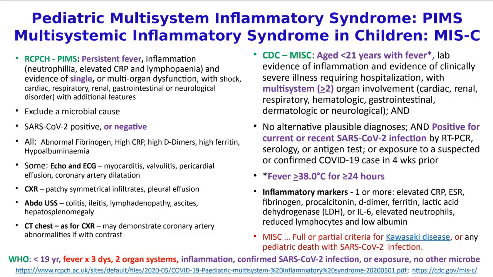In brief, these definitions essentially speak to any child or young person less than 21 years of age who is hospitalized with 2 or more organ systems involved and who has no plausible diagnosis for their fever and multi-organ system involvement, and who has perhaps a positive RT-PCR or serological evidence or antigen test for exposure to a confirmed COVID-19 case, with 1 or more of these various inflammatory markers. These children should be treated as if they have what we call MIS-C.